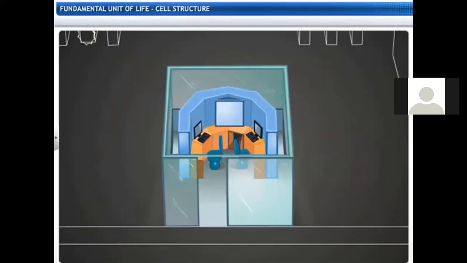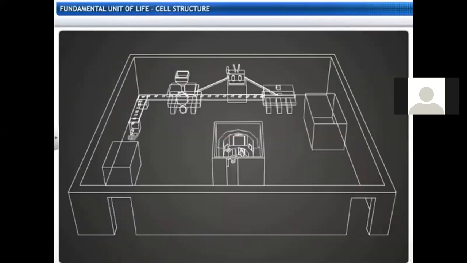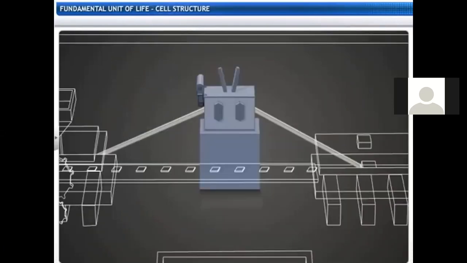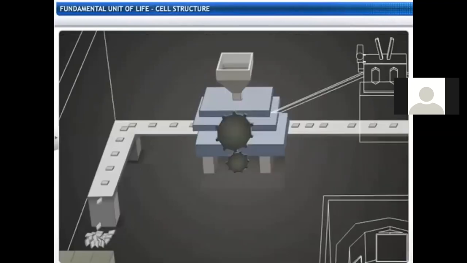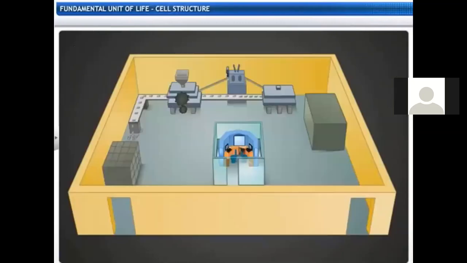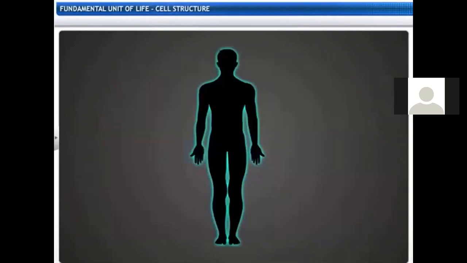Everything is managed from here. Don't miss the power station. It keeps the factory running. This is where all the work is done on machines. Did you know that just like this factory, there are tiny factories in our bodies as well? Now, sit back and take a trip of the factory running in our bodies.